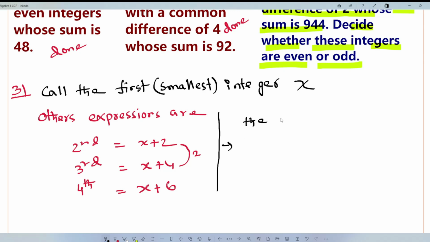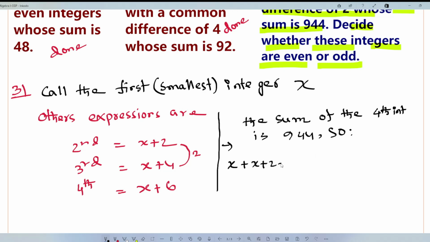So we can write the sum of the 4 integers is 944. So x plus x plus 2 plus x plus 4 plus x plus 6 equals 944.